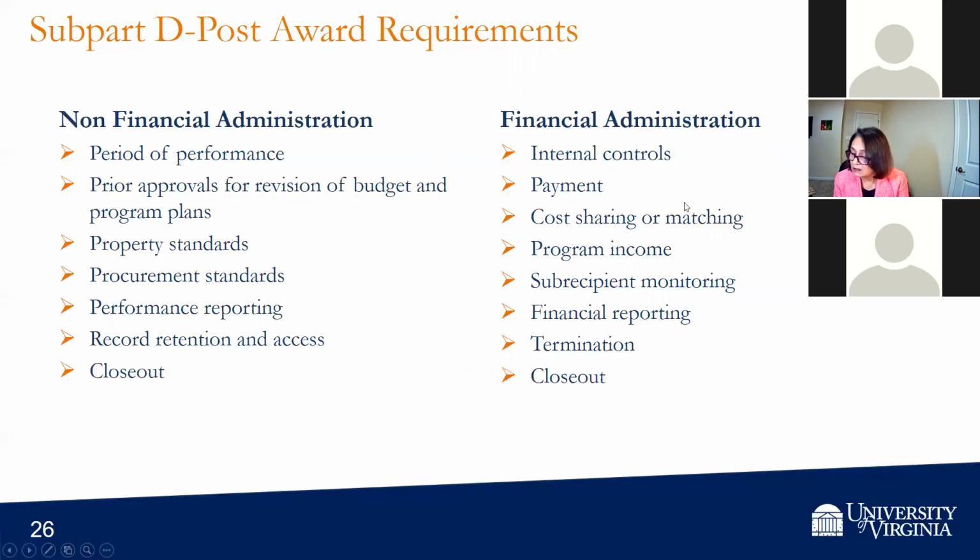Our payments, when we receive payments from the sponsors, that are under financial administration, and us invoicing the sponsor, cost sharing or matching, are we tracking it properly? Program income, are we tracking program income correctly? Subrecipient post-award monitoring, what's happening with the subrecipients' invoices?